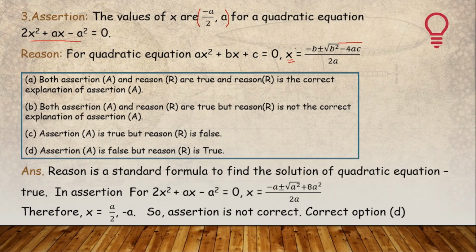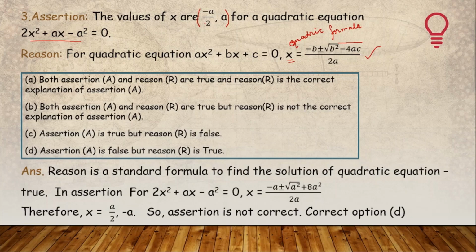It is a standard formula, called the quadratic formula, right? What is the quadratic formula used for? It is used to find the value of x. So whenever you are talking about the formula, easily you can check. This is a correct formula, so we can say the reason is a true statement.